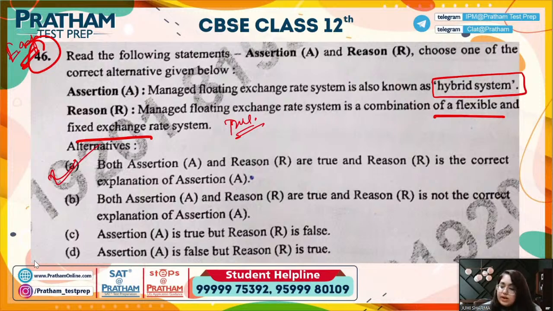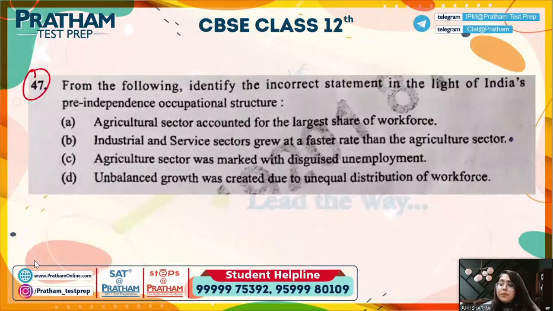Now question number 47, we have from the following identify the incorrect statement in the light of India's pre-independence occupational structure. Right, आपको incorrect statement आपको बताना है in question number 47.